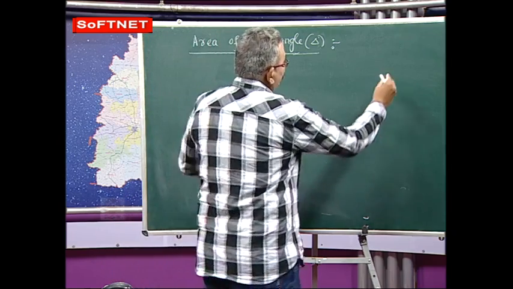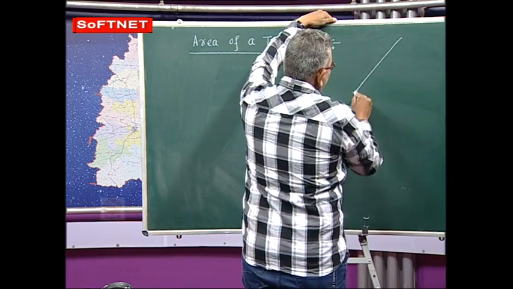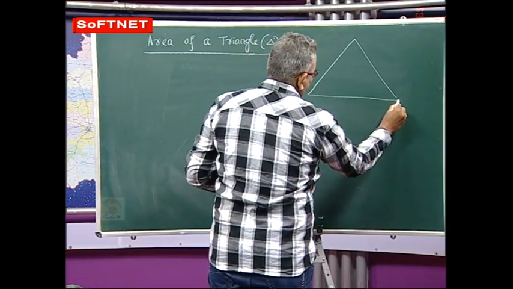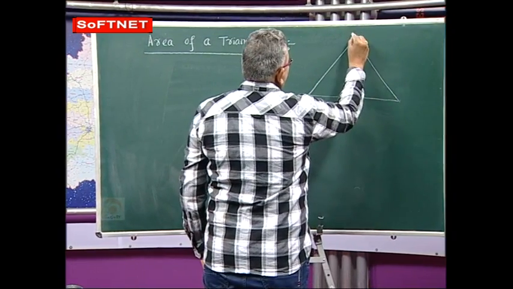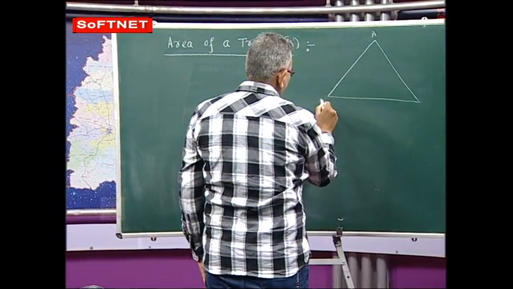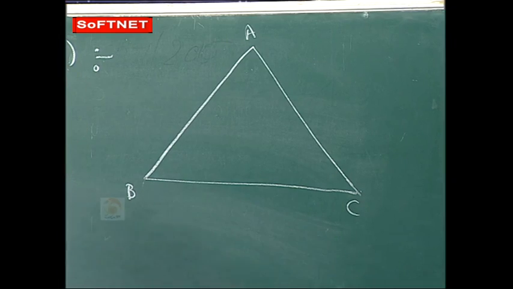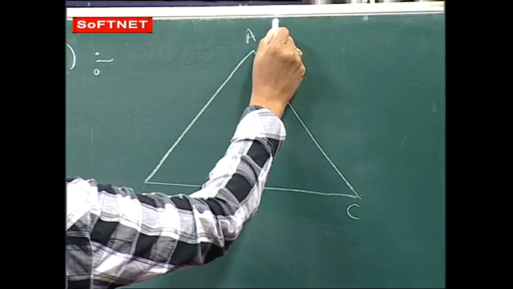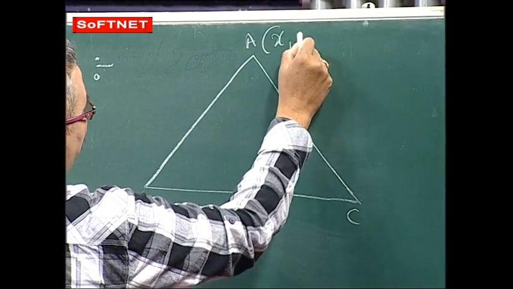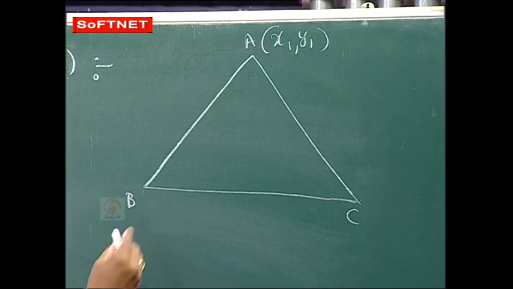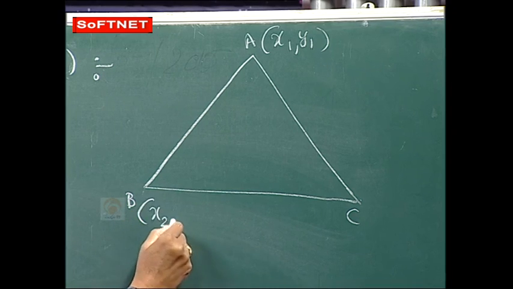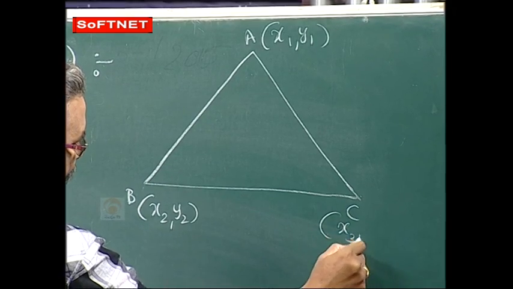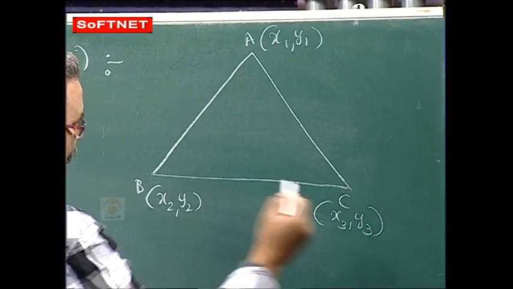Suppose you draw a triangle, let us say A, B, C. Say A coordinates x1 comma y1, B coordinates x2 comma y2, C coordinates x3 comma y3.